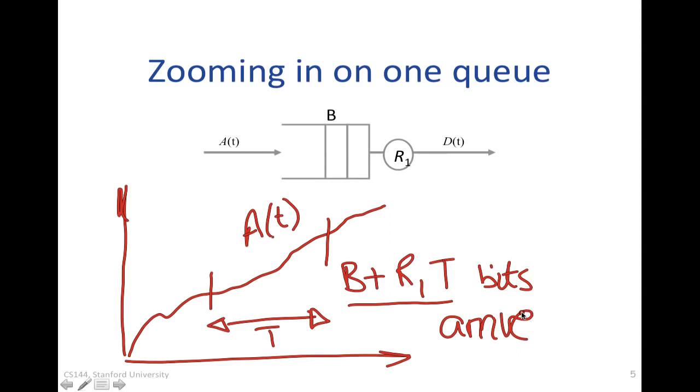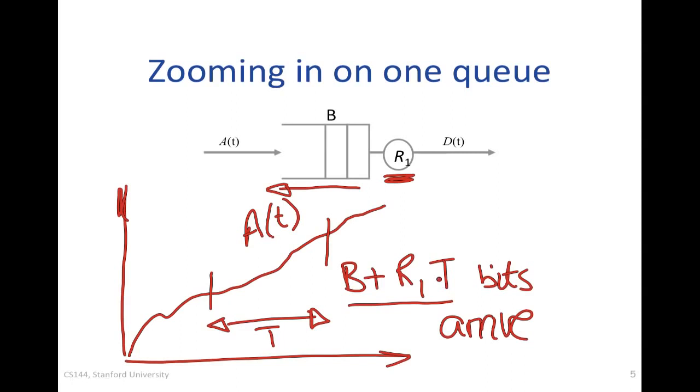So this would be over any time interval t. Because we know it's being drained at rate r1, so r1 times t will have departed. We just need to make sure that we haven't accumulated more than b in any time interval. So if we make this t any value, and we never violate this, then we can be sure that we've never overflowed the queue.